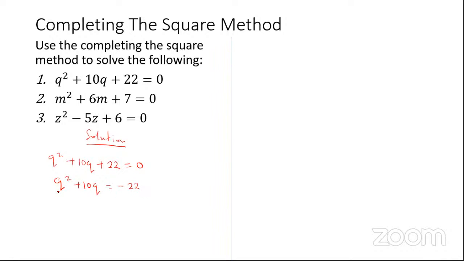You now ask yourself, what can I add to this to make it a perfect square? From what we did in the last example, you add half of the coefficient of q, so half of 10.